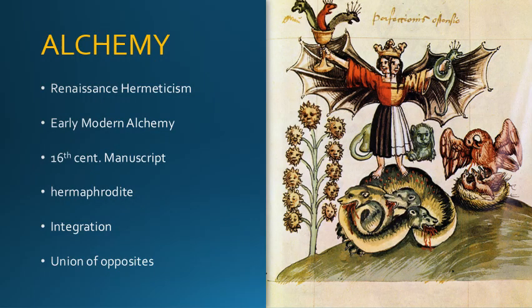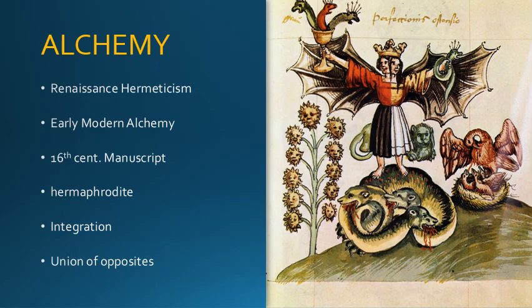So the figure of Hermes, especially Hermes Trismegistus, made its way into the intellectual traditions of the Renaissance period and is present in early modern alchemy.